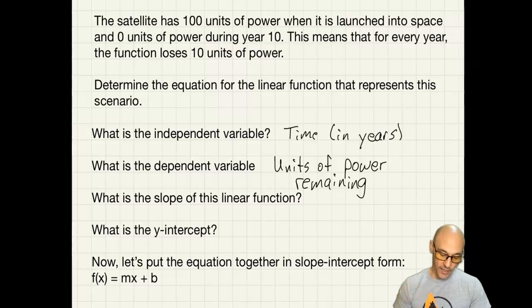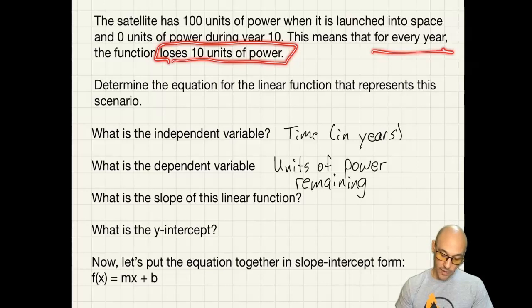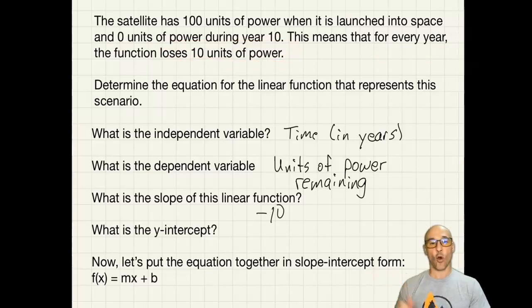So the slope of this, it says that it loses 10 units of power per year. So that means that our slope is -10 or -10 over 1. And the y-intercept then is the units of power that we start with. We start with 100 units of power. So it is the point (0, 100).